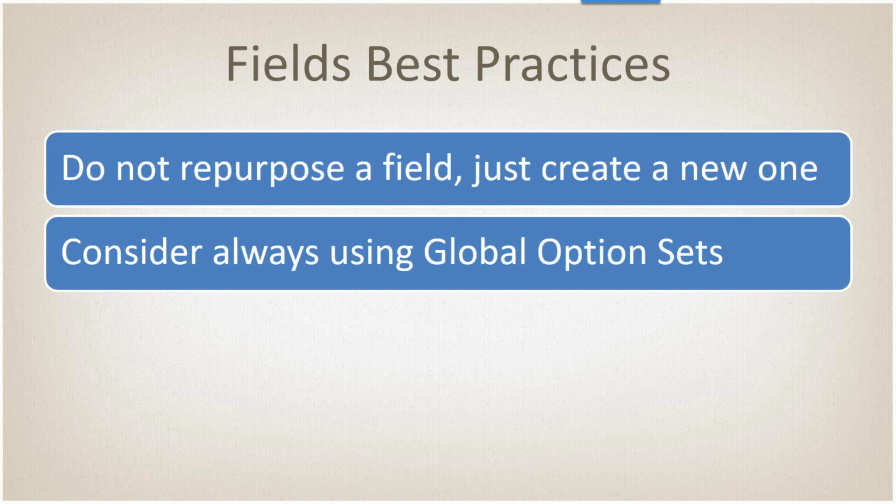Like, I've got a situation where, realistically, I would love to take two or three option sets that are on the opportunity or account and convert them over to global option sets, because we use that same data. One of them we use in four different entities, and it was created before I came on board.